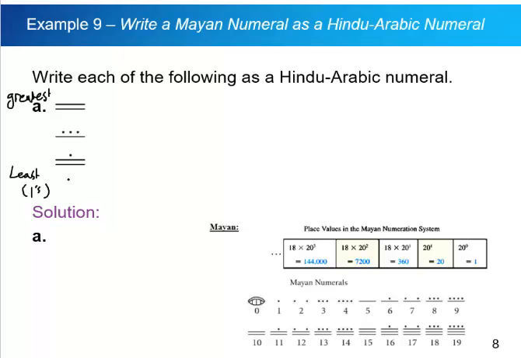So, in this example, we have 3 place values. So we work at it the same way that we did with the Babylonian system.